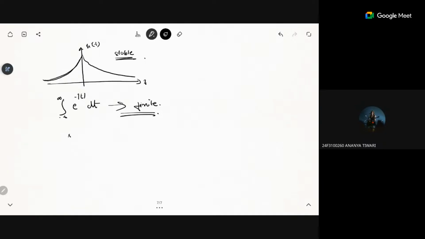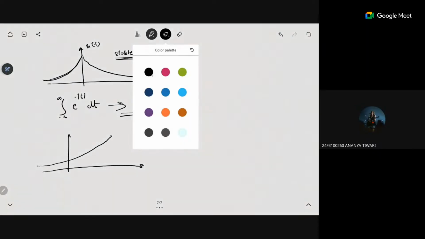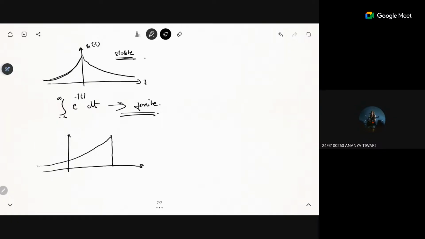Okay, let's try one more example. This time, let me draw first. Is it stable or unstable?